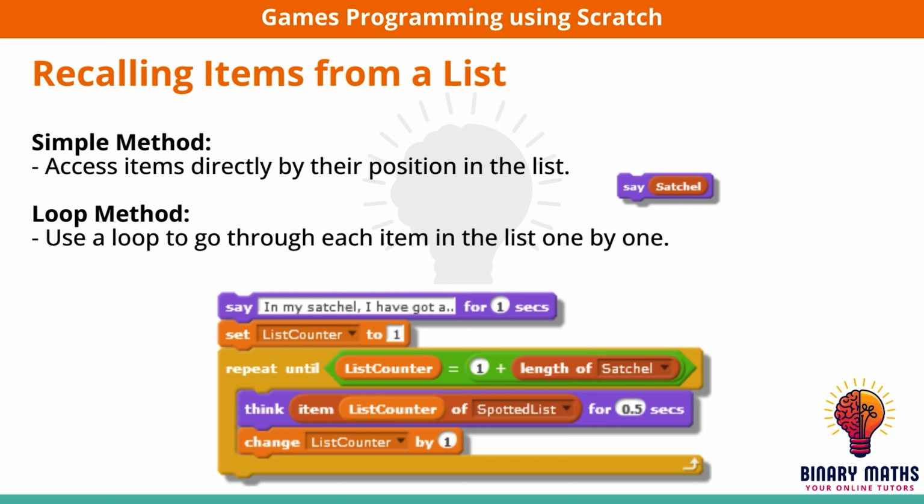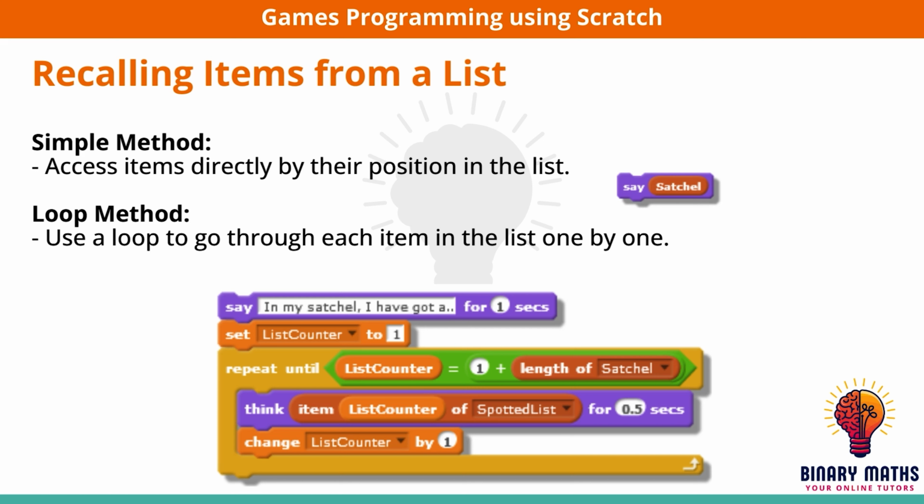Finally, let's talk about how to recall items from a list. There are two main ways to do this. You can access items directly by their position in the list. For example, if you want the first item, you just ask for item 1. We can also use a loop method.